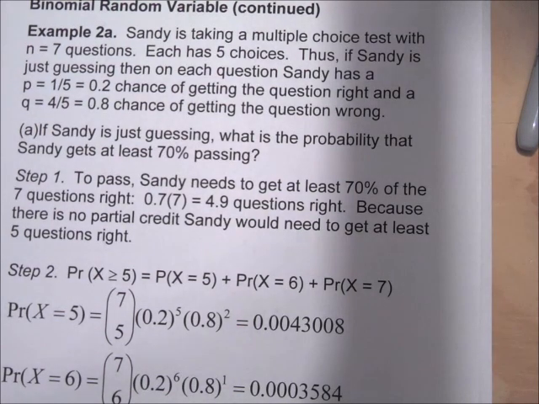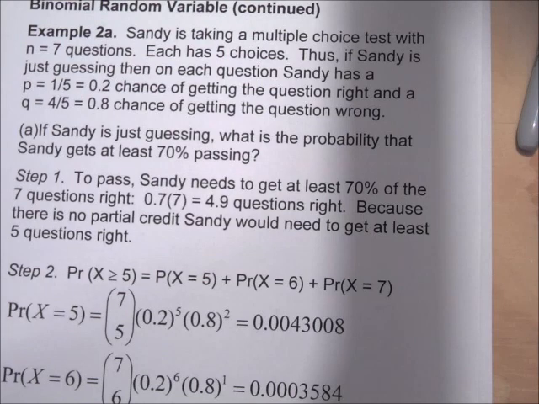The other one was approximately binomial because we have a sample from a large finite population, and the probabilities change slightly once you pick somebody from the population. The probabilities will change slightly for the second person, but for a multiple choice test, Sandy's answer to one is not going to affect her chances of getting the next question right.